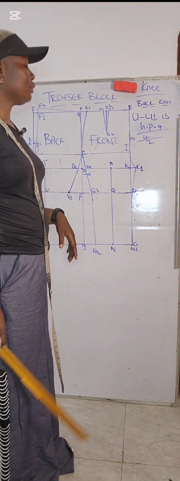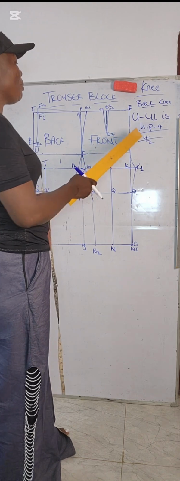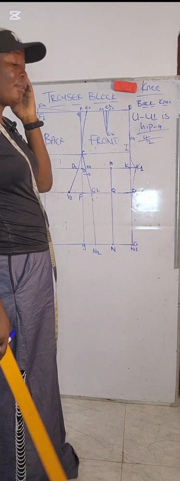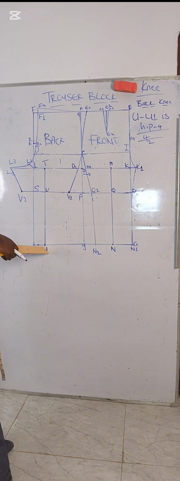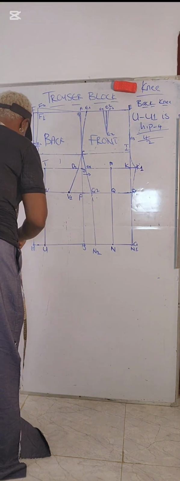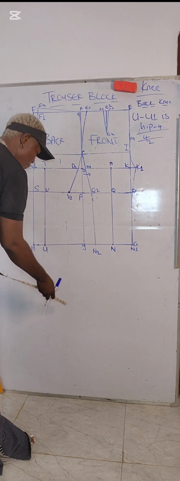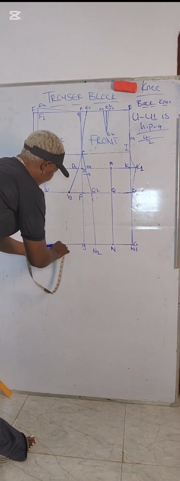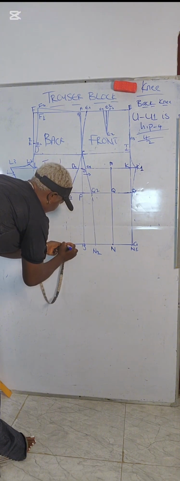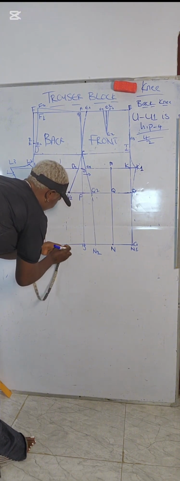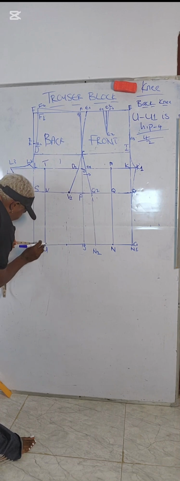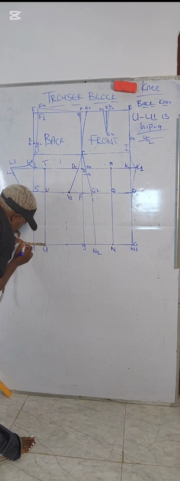So we get 10. So hip minus 4 divided by 4 divided by 2, we get 5. We put 5 here. Q1 is 5. Now I'll come here and put 5 here, and I'll come here and get my 5.